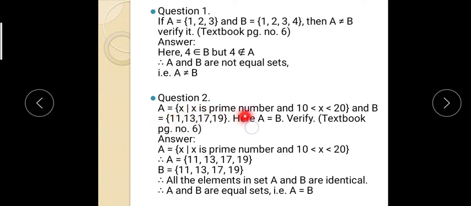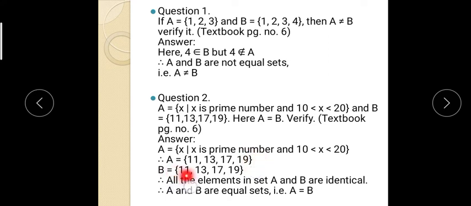A is the set of x such that x is a prime number and 10 is less than x, x is greater than 10 but less than 20. And B is 11, 13, 17 and 19. Here we have to verify A and B. Very simple. x is a prime number between 10 and 20. So firstly write down the prime numbers between 10 and 20 in listing form. A is equal to 11, 13, 17, 19.